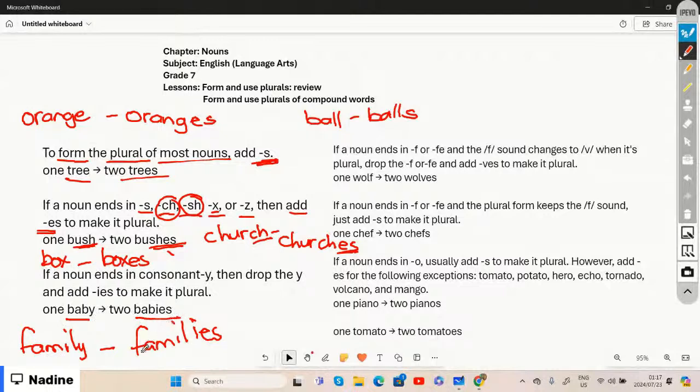All right, then if we continue, it says that if a noun ends with if or fe, and the f sound changes to v, for example, life or lives. When it's plural, drop the f.